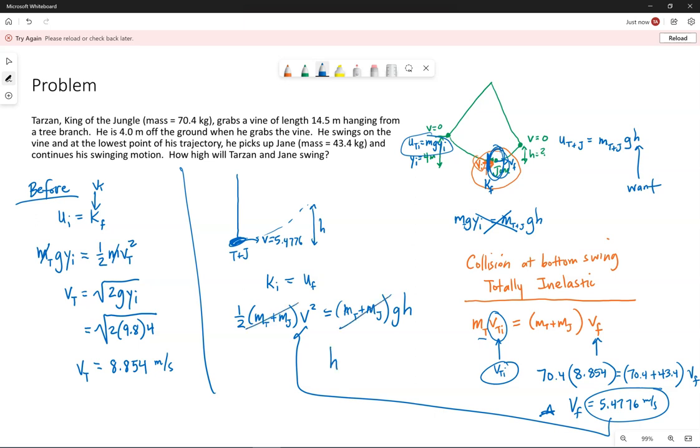That combined mass cancels. So this speed squared over 2 times 9.8 is going to give us the height of the branch that they swing to together. 1.5 meters. That's how high they will swing.